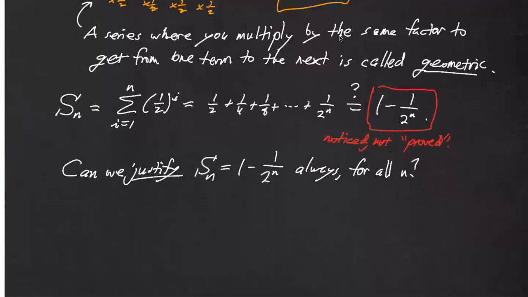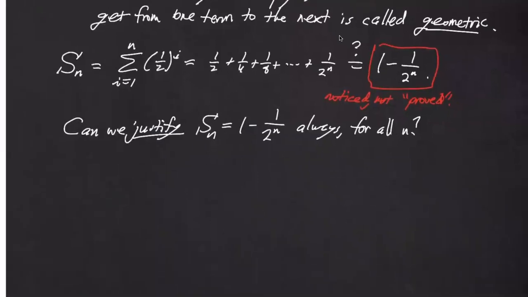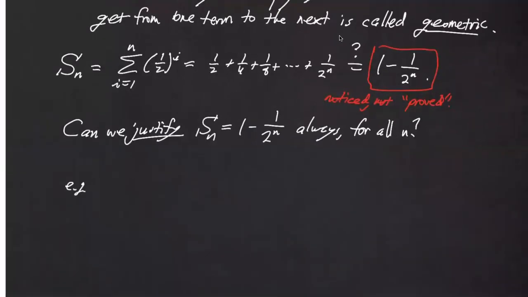And it turns out there's a nice way to do this. So let's just think about an example. What if I think about S sub 10? Actually, that's too many terms, probably. Let's do S sub 6.